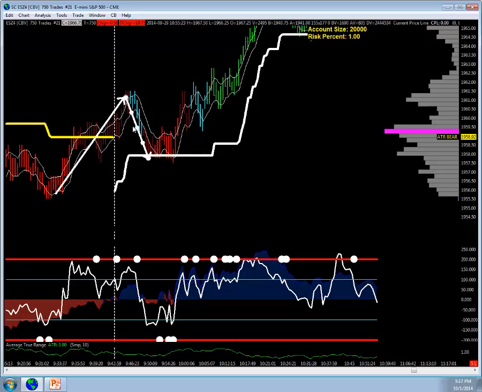Okay, the first pullback. All right, so we call these stackers bull and bear stackers because, very simply, in casino language, a lot of people seem to say, hey, they're stacking the deck against me. Well, boy, if they're stacking the deck against you, it's hard to beat the dealer, right?